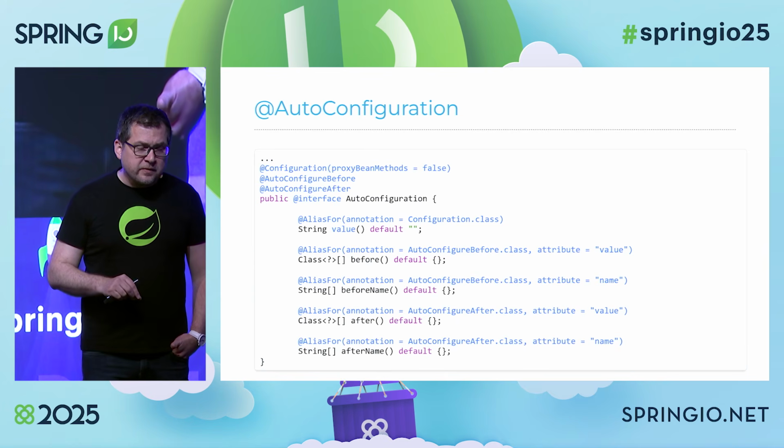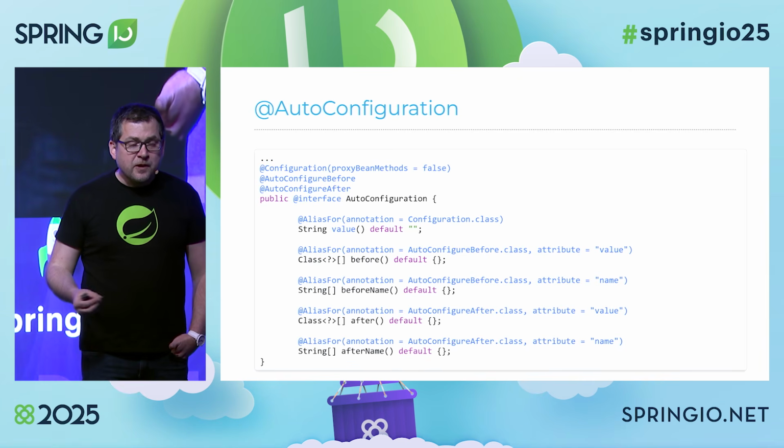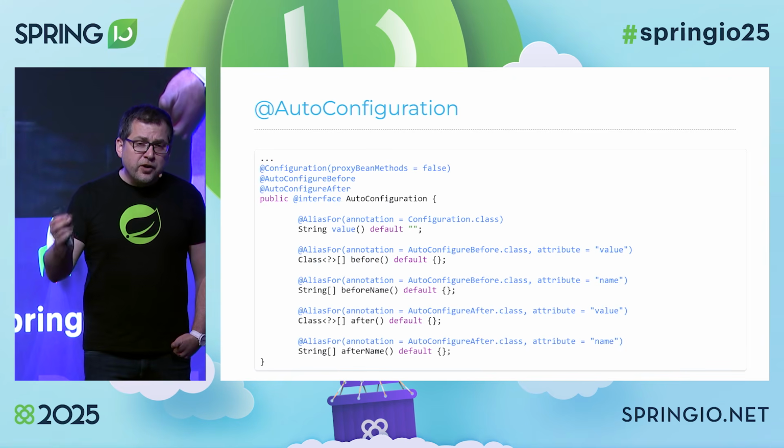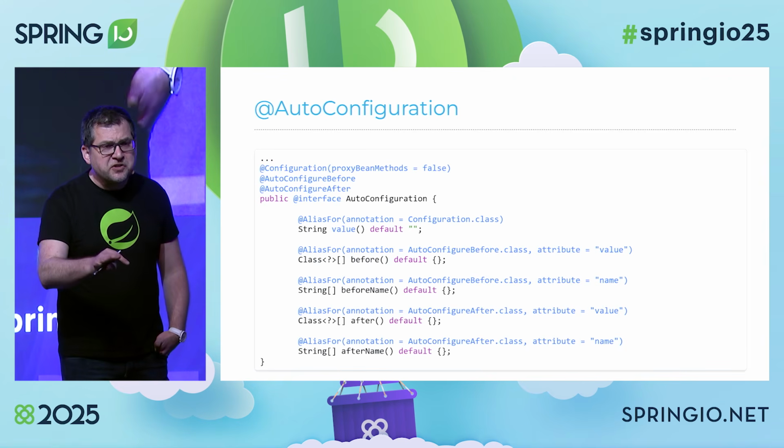For performance reasons, it has proxyBeanMethods disabled. That means no proxy is created for these specific classes, and startup is faster.